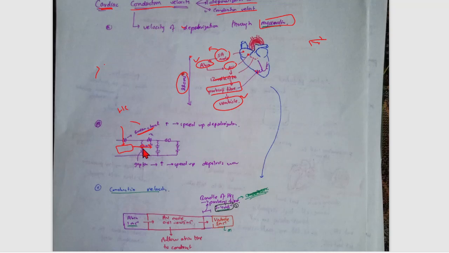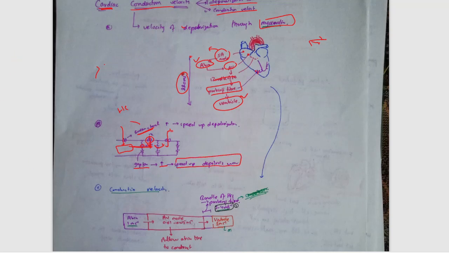Each cell has a gap junction and gives the signal to the next area, and this area also depolarizes. The sodium channel opens, sodium moves inside, and the cell becomes depolarized, and then the signal goes to another cell, which also becomes depolarized as sodium ions move inside. So this is called the gap junction, which increases the speed of the depolarization wave.